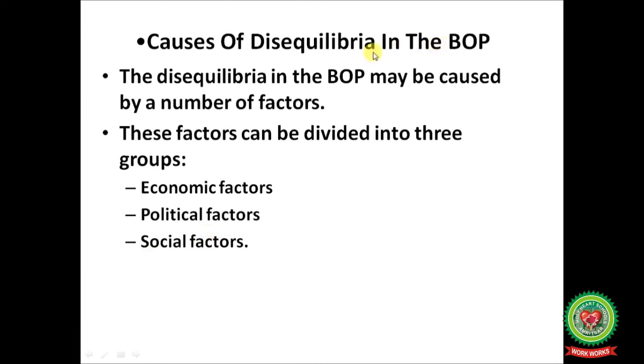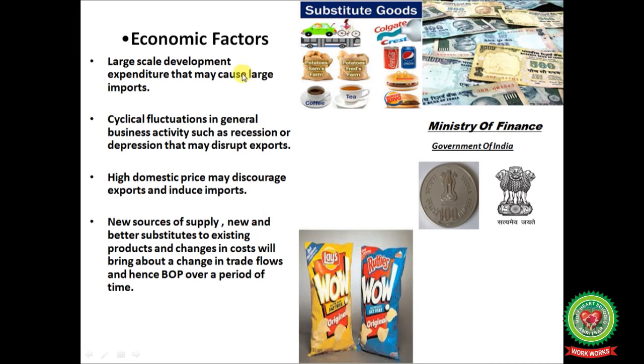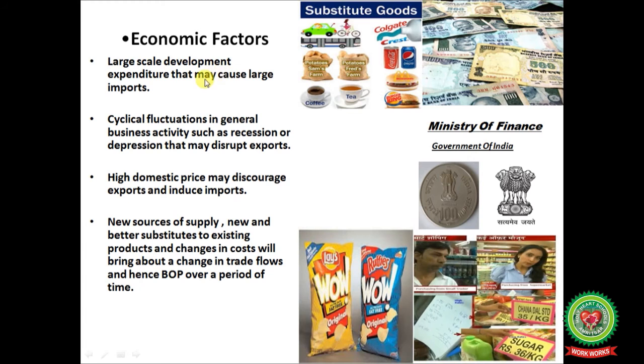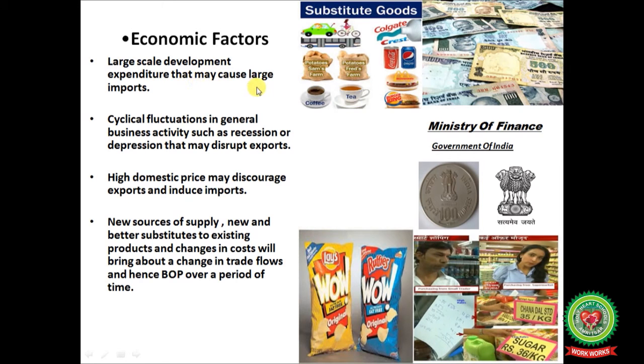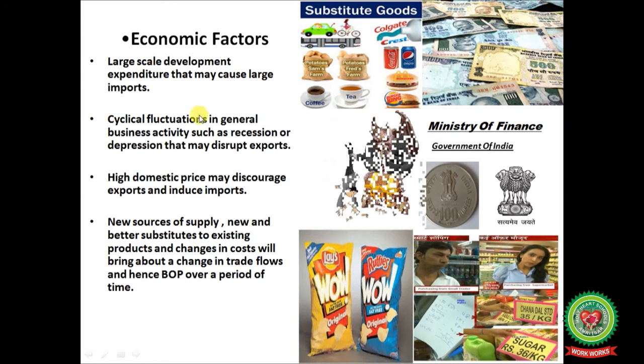Causes of disequilibrium in the balance of payment. The disequilibrium in the balance of payment may be caused by a number of factors. These factors can be divided into three groups: economic factors, political factors, and social factors. First one is economic factors. Large-scale development expenditures may cause large imports.